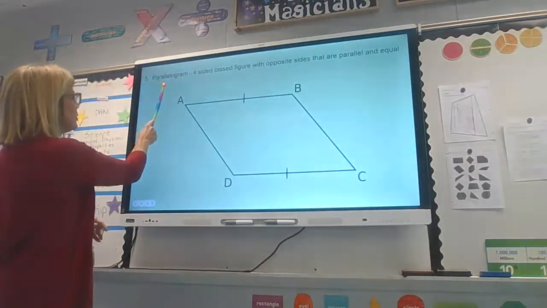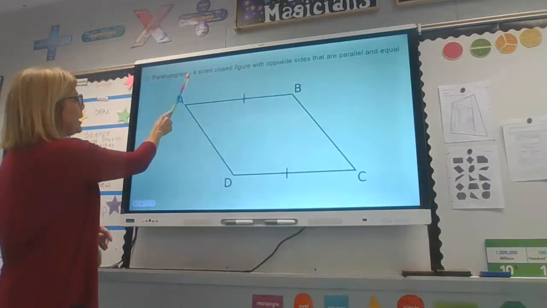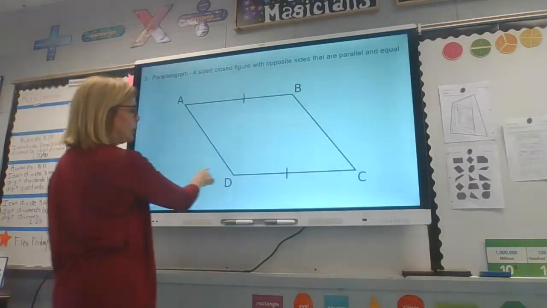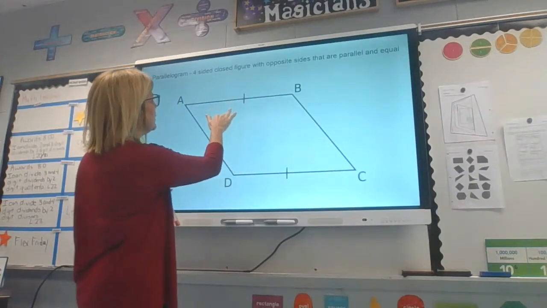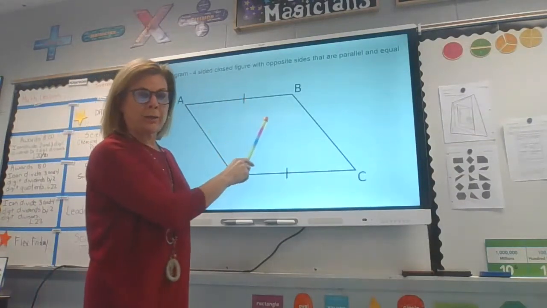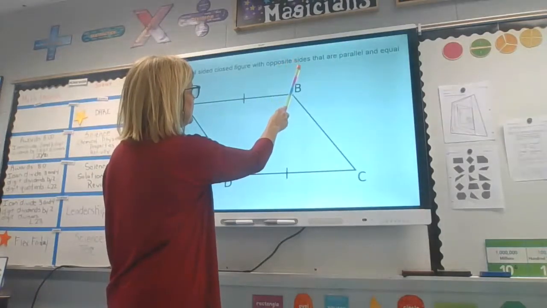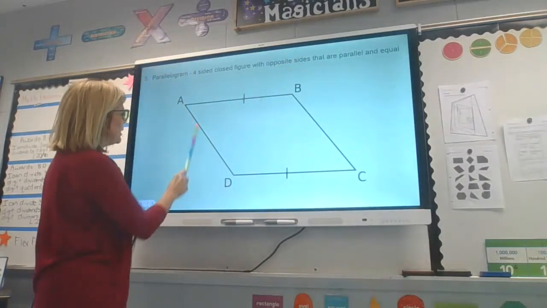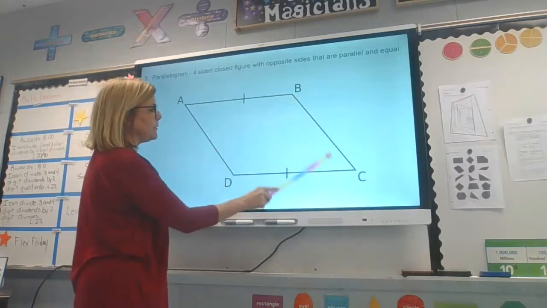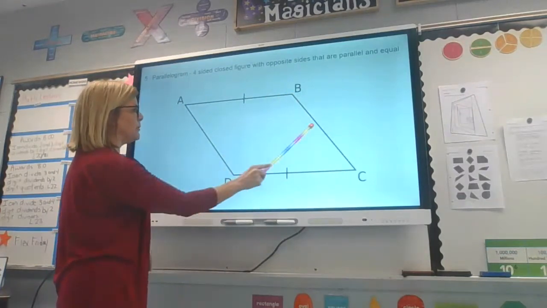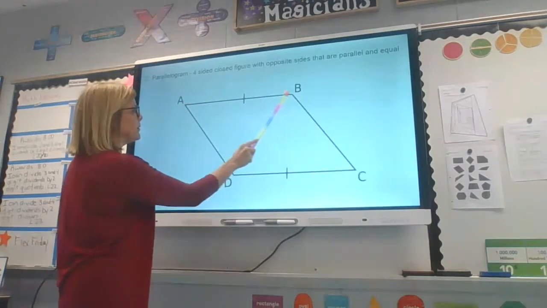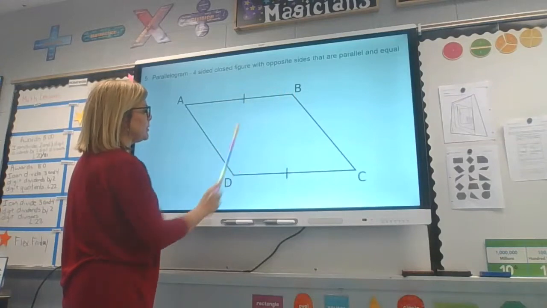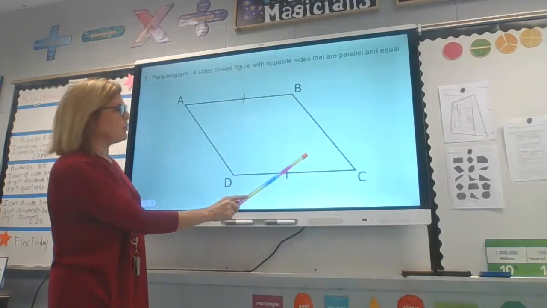So our parallelogram is a figure that has four closed sides. Going back to the shape we had before, it had four closed sides, but now we're going to add to that. We have opposite sides from A to D, from B to C. Those sides are opposite of each other. From D to C, from A to B, those sides are opposite from each other.